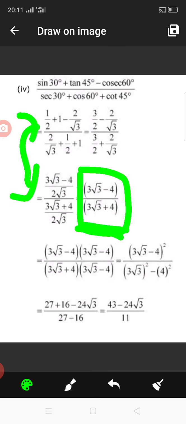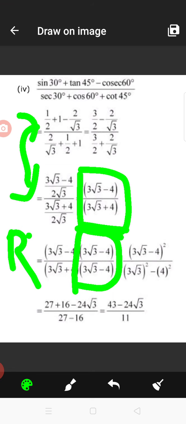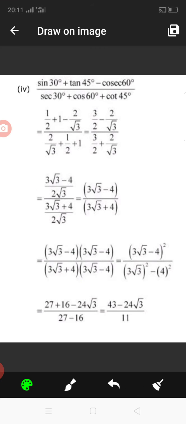But after this, it is nothing but rationalization of the denominator. Using rationalization you find the answer and it will match the given options. The rationalization concept from the 9th standard is required here.